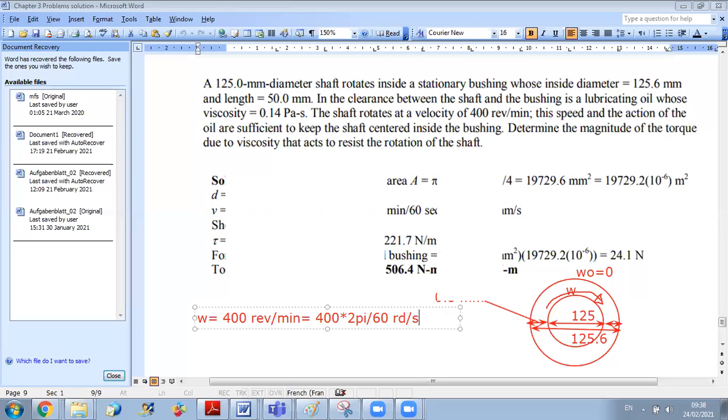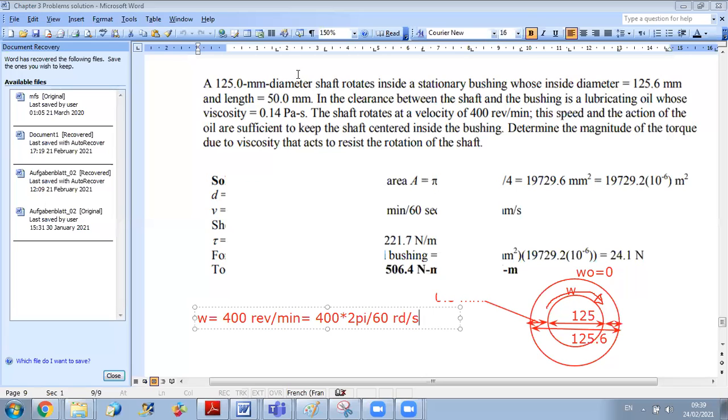And what I am interested in is linear velocity. Why? Because in general, when we talk about viscosity, viscosity is related to variation in linear velocity. And to find linear velocity when you have rotation, it is omega times the radius r.